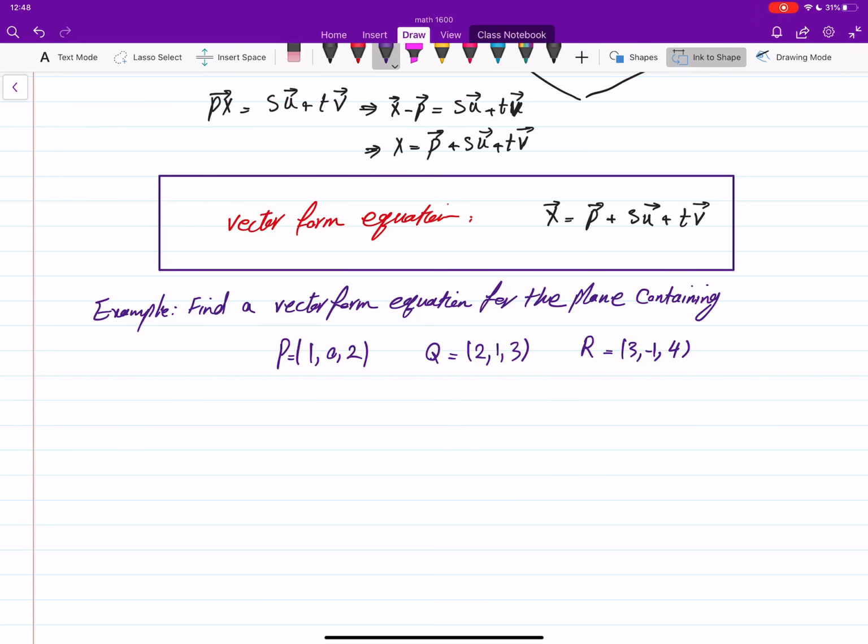Yeah, so we have a plane with these 3 points on that. So PQR. And we need to write the vector form.